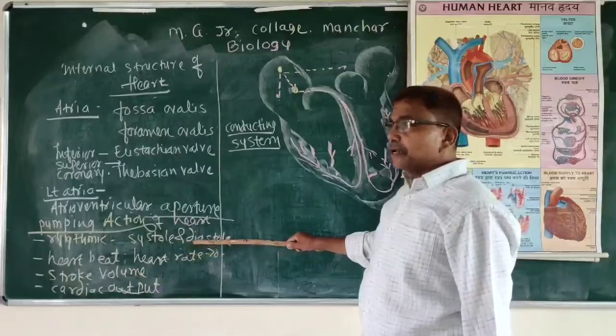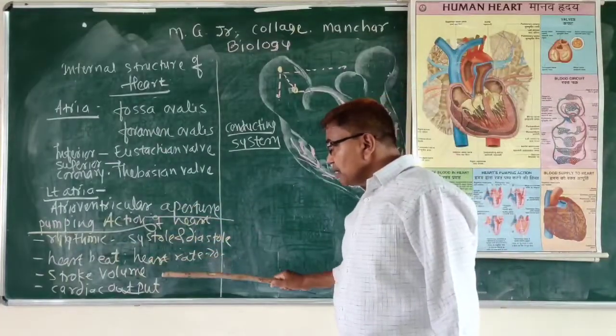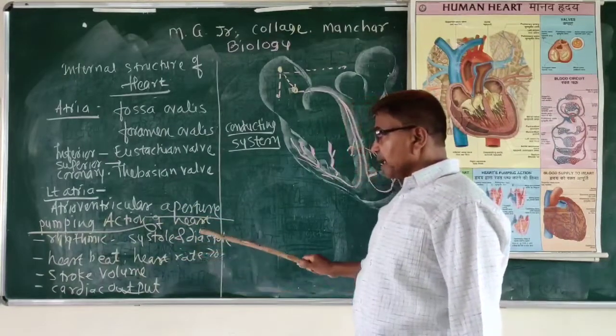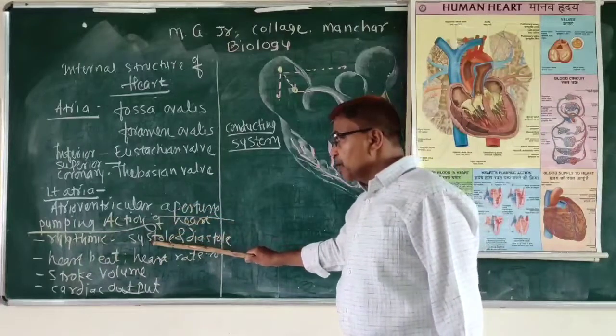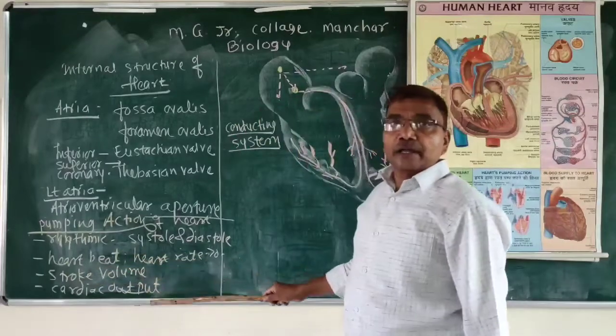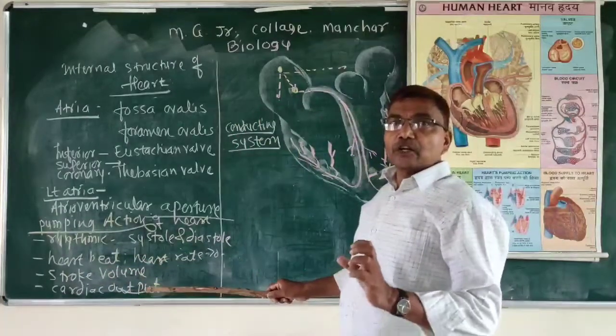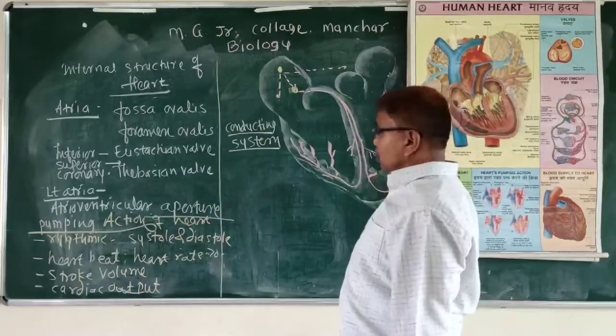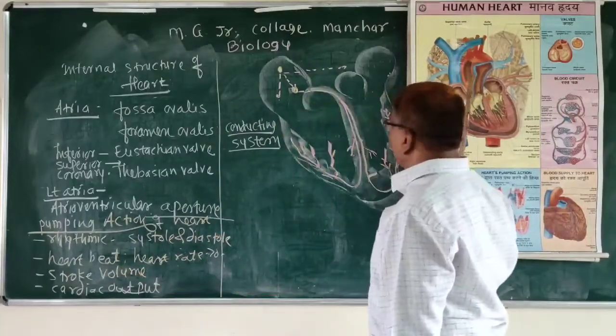That is the beating rate. Per heartbeat, at the time of ventricular systole, about 70 ml of blood is released or poured into the aorta.